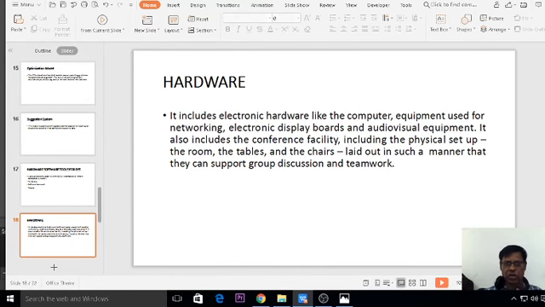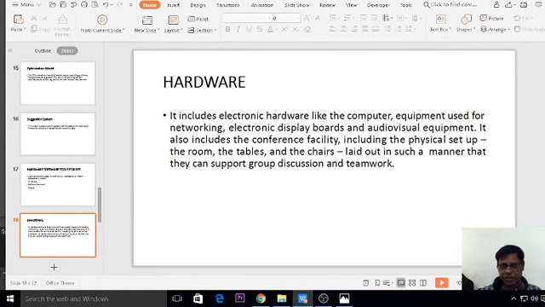It also includes the conference facility. See, now we are in a video class, this is also known as hardware, using Zoom, the camera and mic set, all the audio connections. Sometimes it includes the conference facility, including the physical setup.